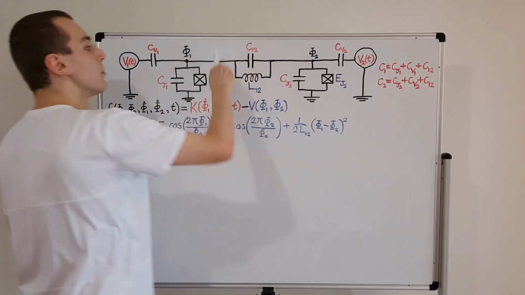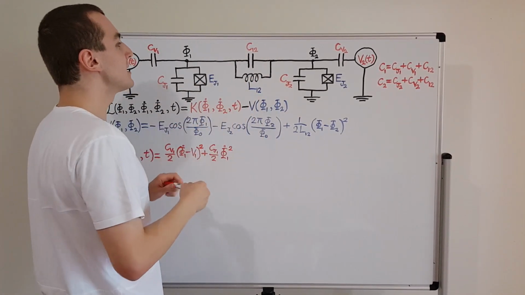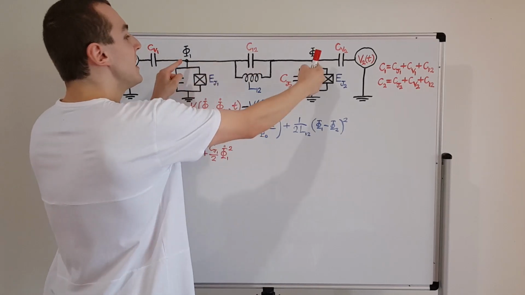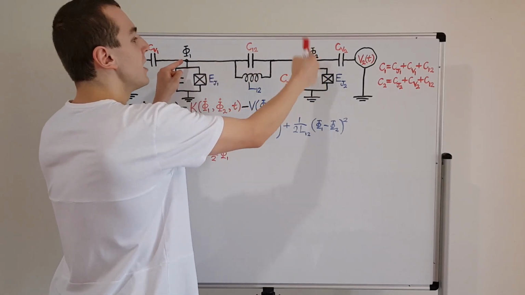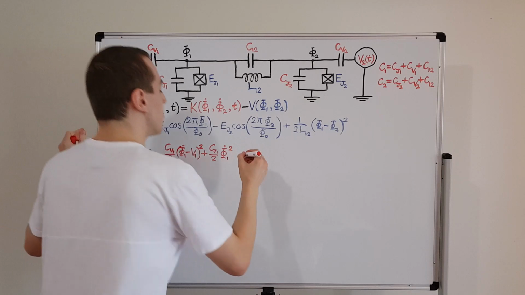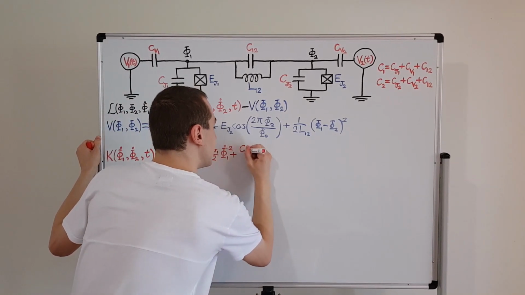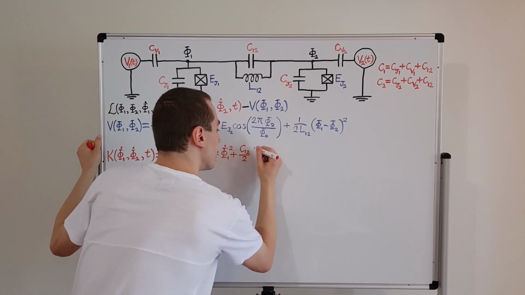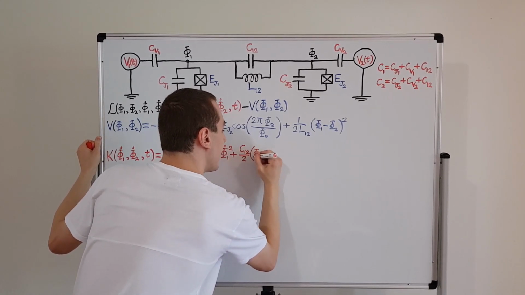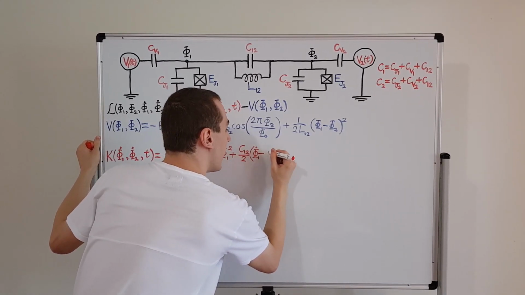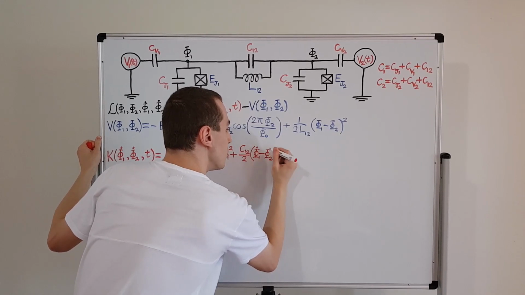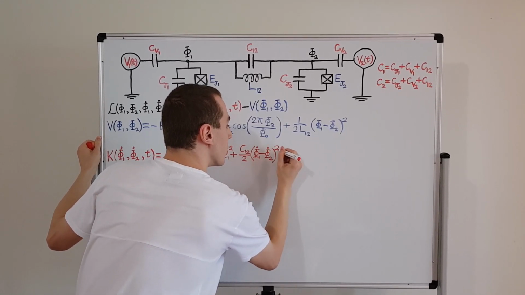Now let's have a look at the coupling capacitance. The coupling capacitance is right in between these two nodes, between node 1 and node 2. So we're going to take the difference of those two nodes. We're going to have C12 on 2, and then we're going to take phi 1 dot minus phi 2 dot, and square all of that.